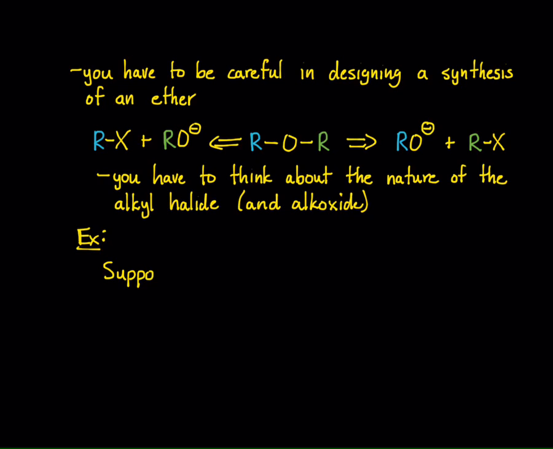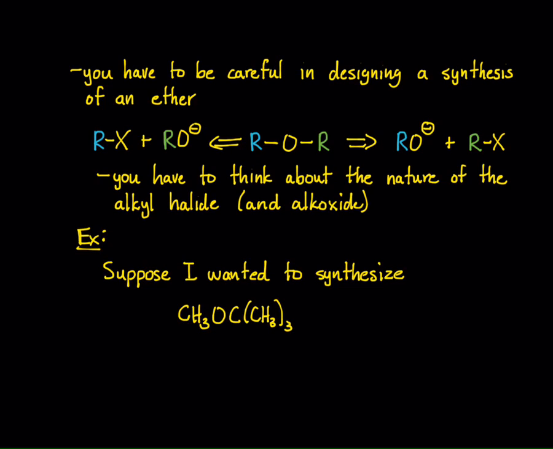Suppose I want to synthesize this molecule right here. So this is called tert-butyl methyl ether. Sometimes this is referred to in industry as methyl tert-butyl ether, or MTBE, which is an additive in fuel. But the IUPAC name would be tert-butyl methyl ether.